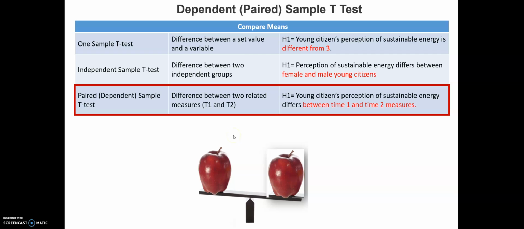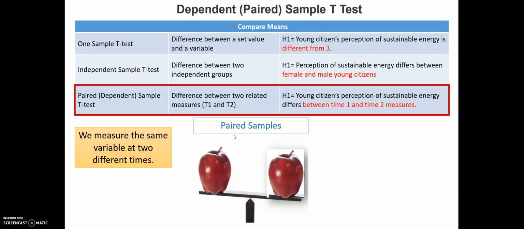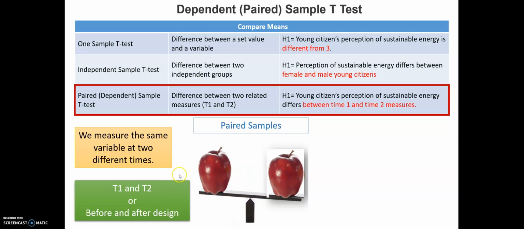So in this case, we have two paired samples, which means that we have one dependent variable, let's say apple, but we measure the same variable at two different times, time 1 and time 2. Sometimes we also call it before the experiment and after the experiment measures.